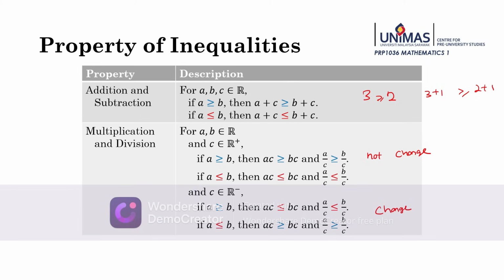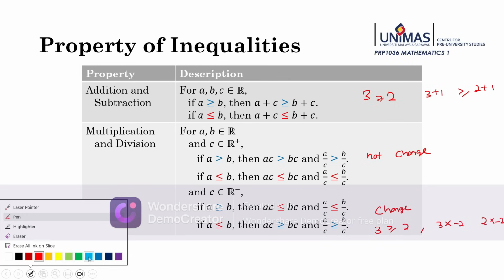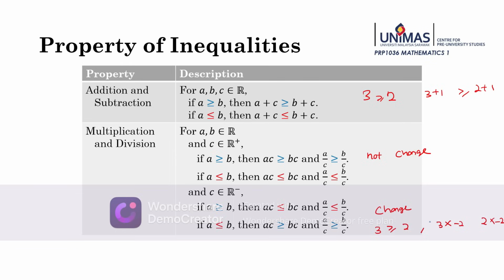For example, you have 3 greater than or equal to 2. When you multiply with negative 2, so 3 times negative 2, 2 times negative 2, the sign is changing.